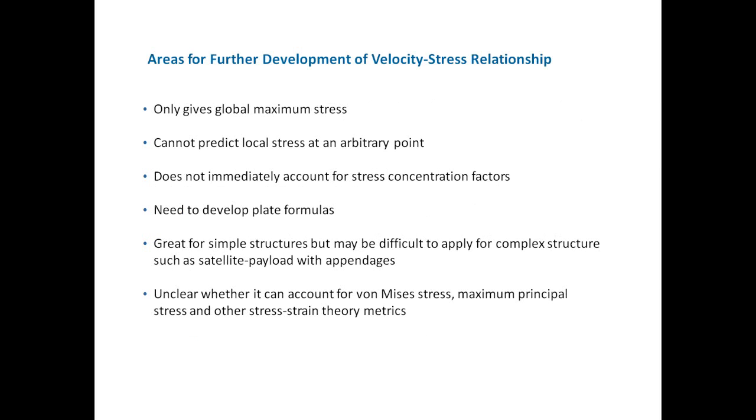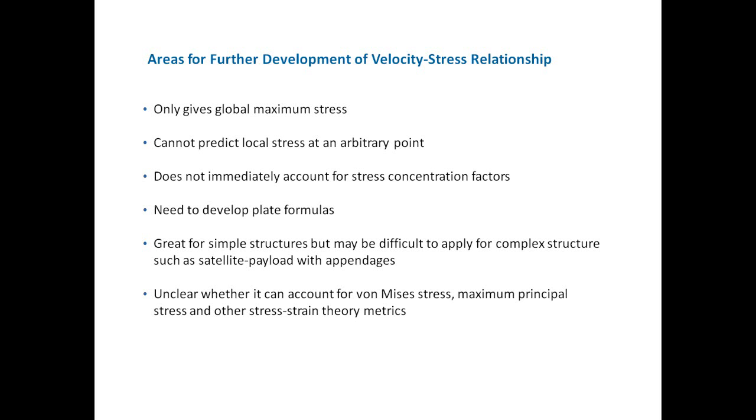Kind of talked about some of this already. The stress-velocity relationship only gives the global maximum stress. It cannot predict local stress at an arbitrary point. It does not immediately account for stress concentration factors. Further work is needed to develop plate formulas.